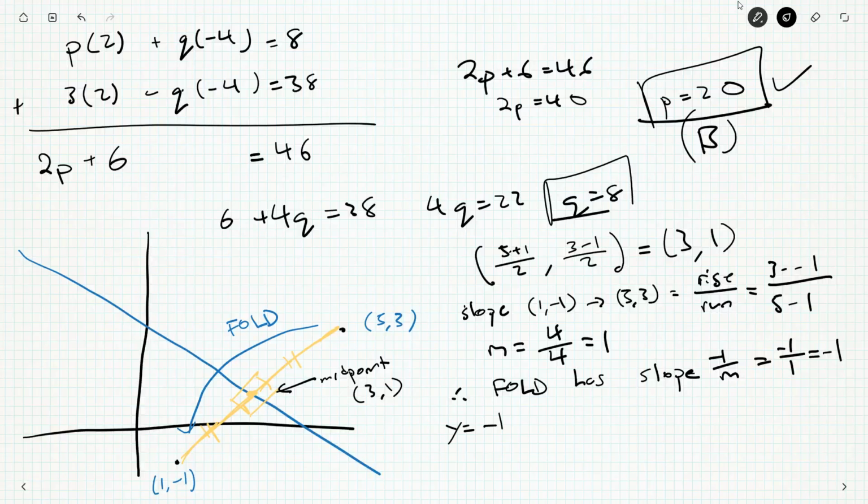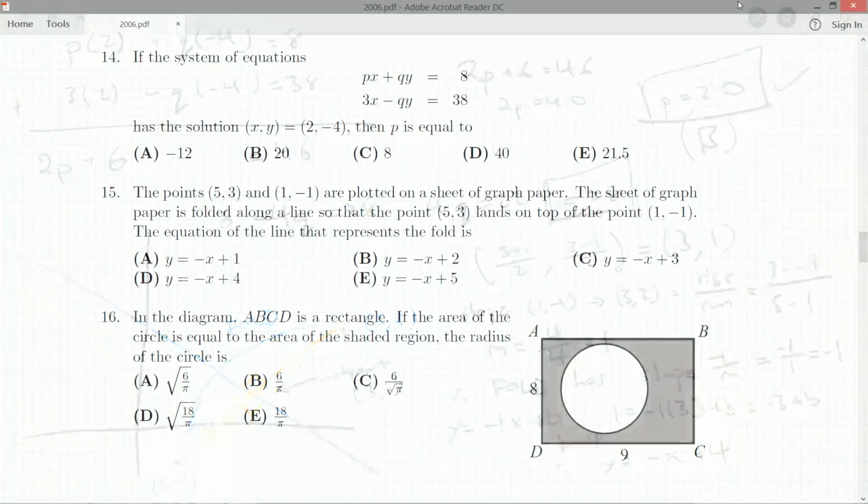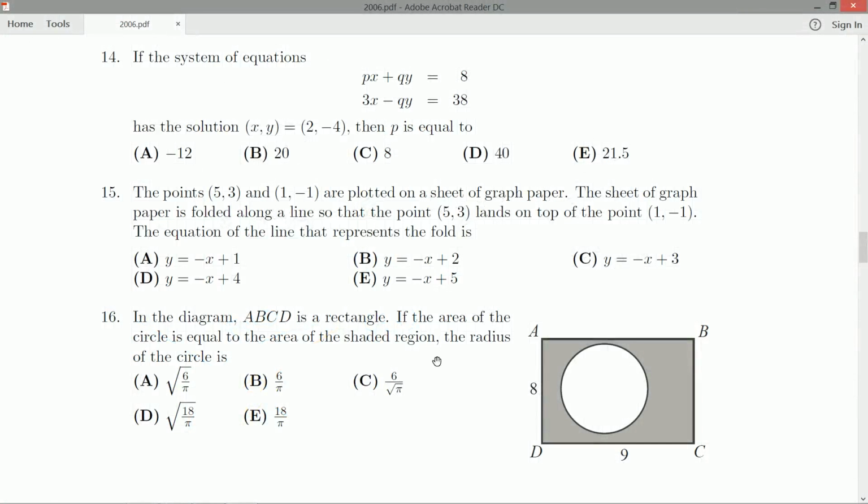So y equals -1x plus b. Well, we know 1 is -1 times 3 plus b, so that's -3 plus b. b is going to be equal to 4. So our equation is going to be y equals -x plus 4. So now we've got all that done. We try and find the line, and they have everything in y equals mx plus b form.